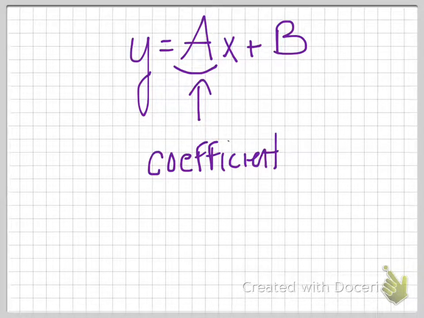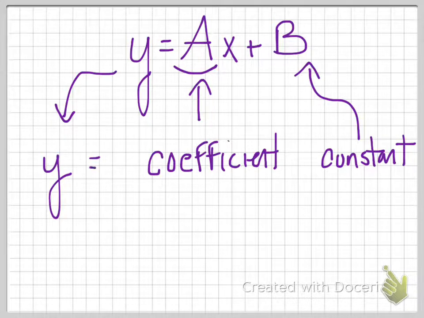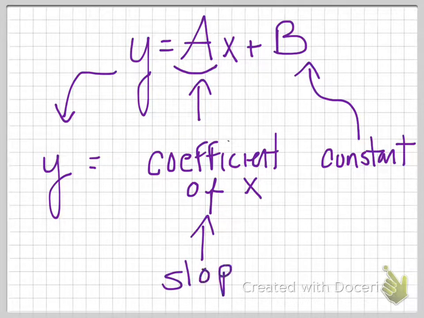Coefficient. And the B takes over the constant's place. Constant. When you're in this form and the y is by itself, the coefficient of x is your slope, and your constant is your y-intercept.